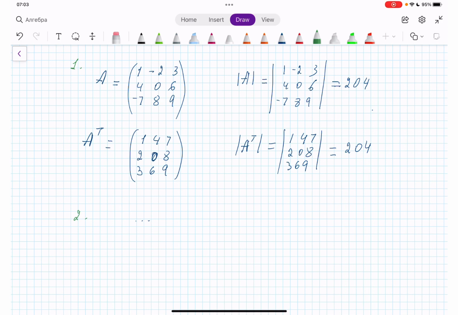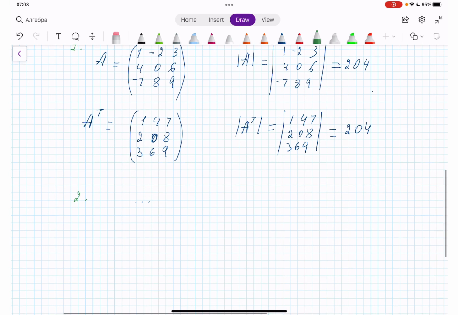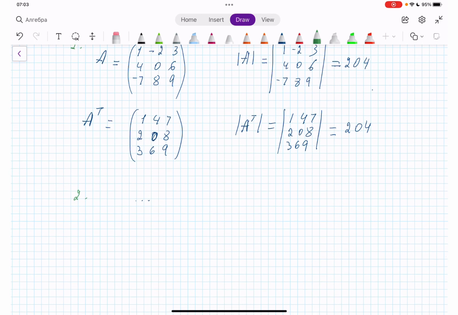Okay? So let's play a kind of Rubik's Cube with the determinant. Let's say we have 1, -2, 3, the same matrix, 4, 0, 6, and -7, 8, and 9. And the determinant, we know, is equal to 204. What I'm going to do is swap the first and third rows.